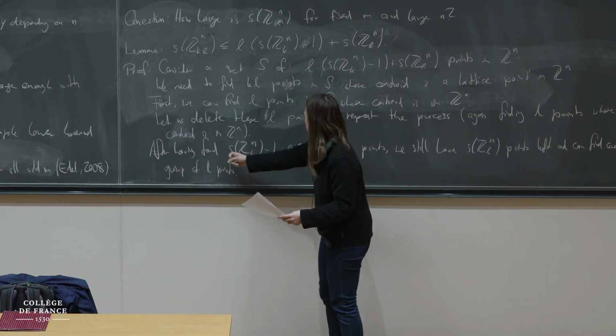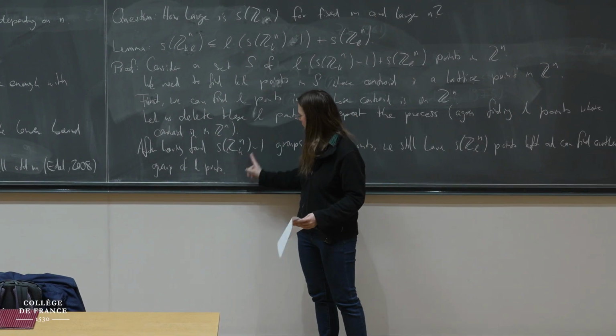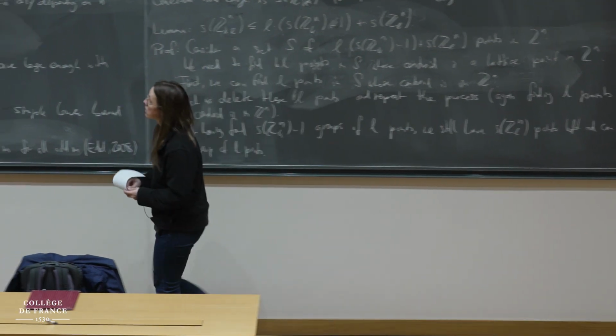So that means after that many groups we can find one more, so in total we find S of Zk to the n many such groups.